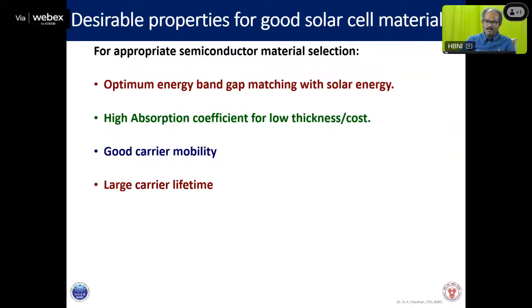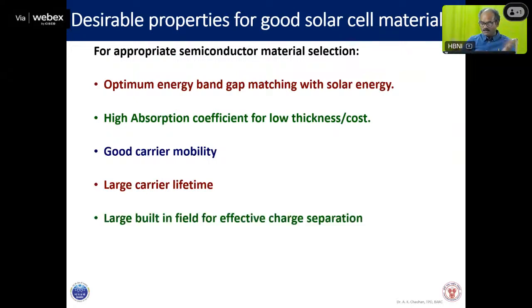Then large carrier lifetime. Large carrier lifetime allows the carriers to stay in the higher levels for a longer time. If the lifetime is low, what will happen? They will immediately recombine before being separated. Then a large built-in field for effective charge separation. If the built-in field is large, the charges will be separated faster.